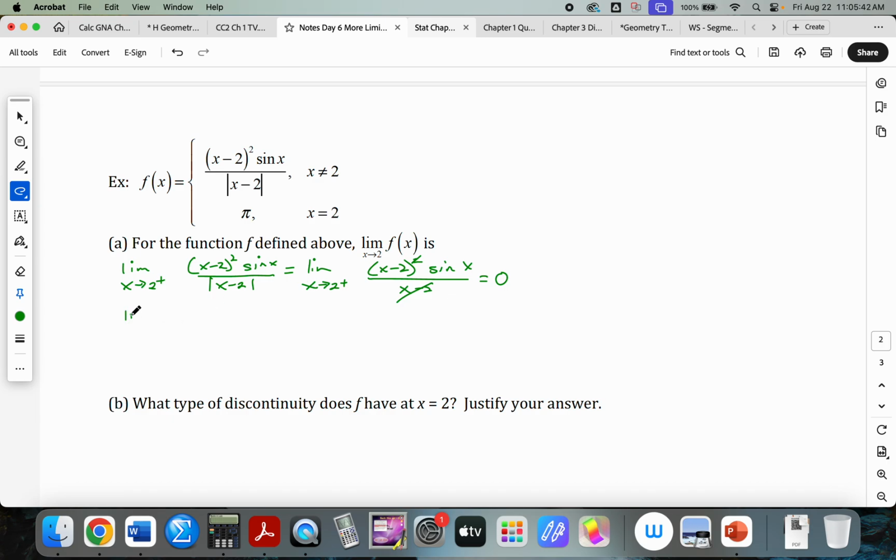And then if I take the limit as x approaches 2 from the left of, to save myself time, I'm going to write just f of x.